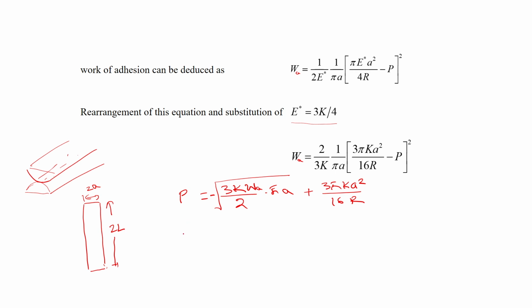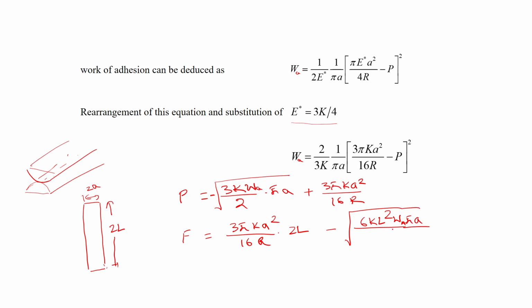So, I will have here F, and that will be equal to 3 pi K a square by 16 r into 2L, minus the square root of 3 K by 2, so it is 6 here, because of L square: 6 K L square W a pi a.